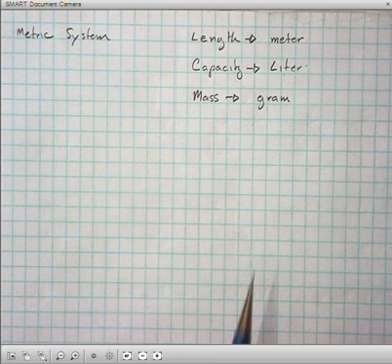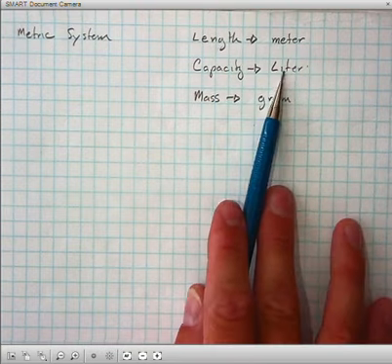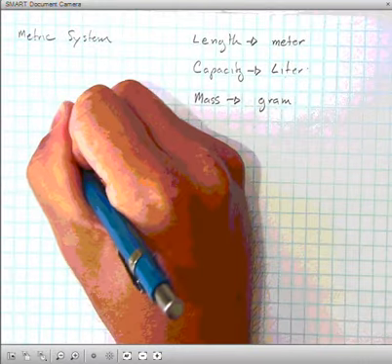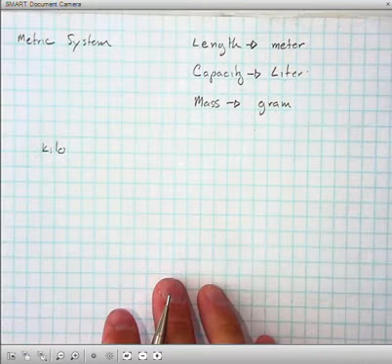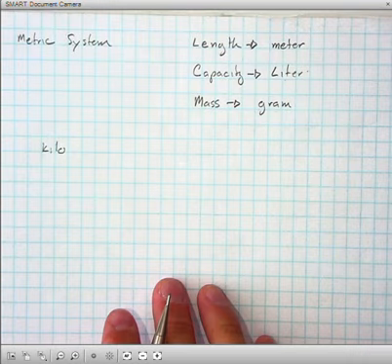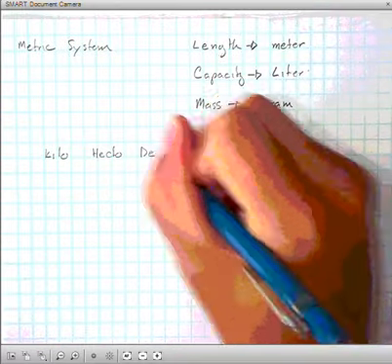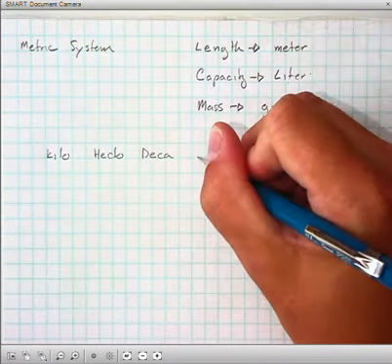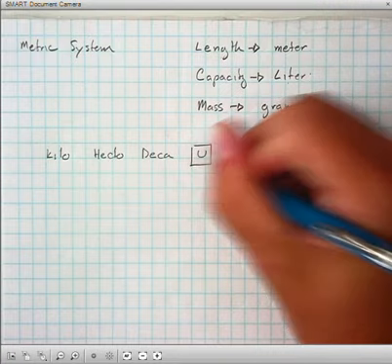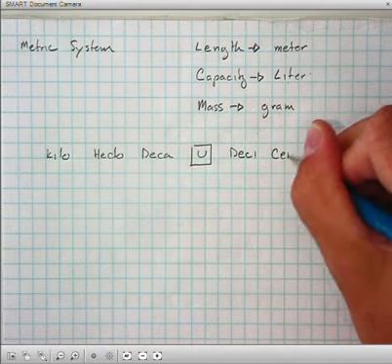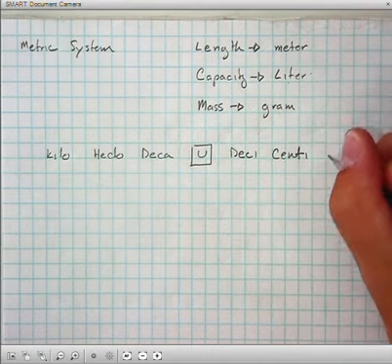The way that we convert between different lengths, or between different liters or grams, is by using a chart with kilo, hecto, deca, and then we have our unit of measure, deci, centi, and then milli.